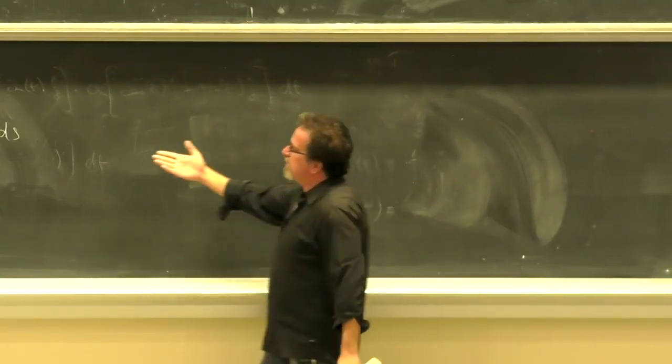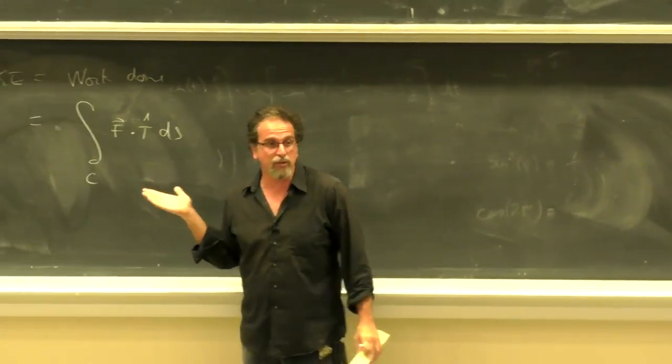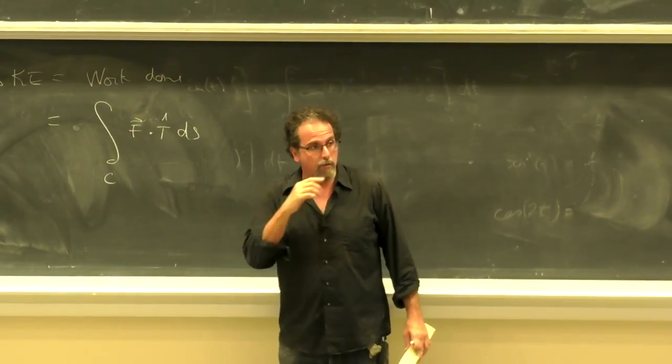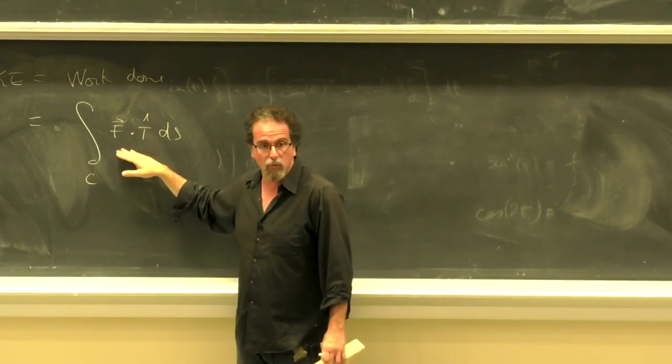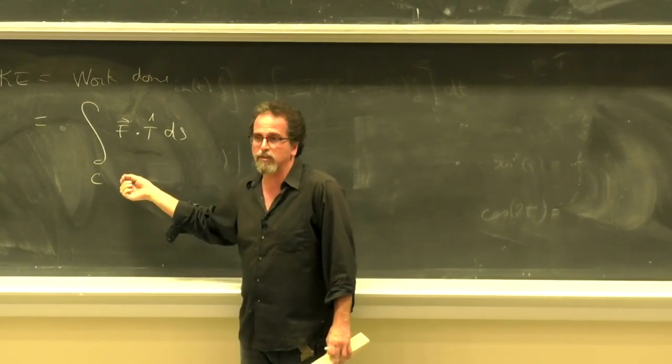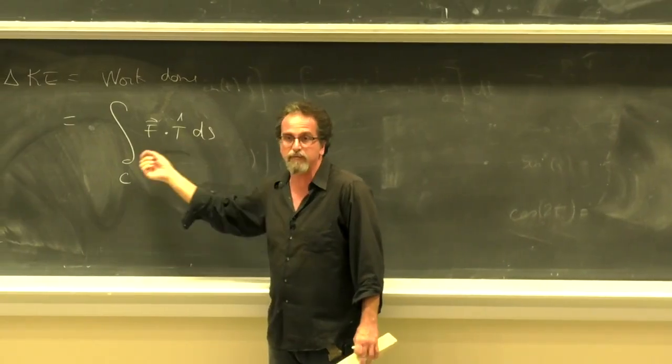If you take a look, this integral depends on the curve, right? I also use this integral to define the circulation and the flow. But it clearly depends on the curve, because in order to evaluate this integral, you have to know where the curve is.